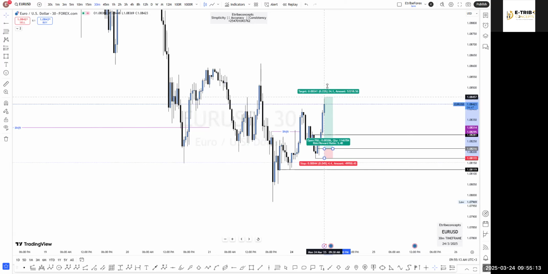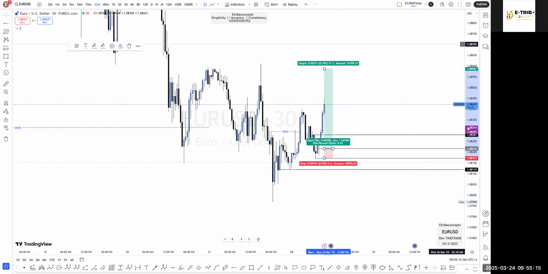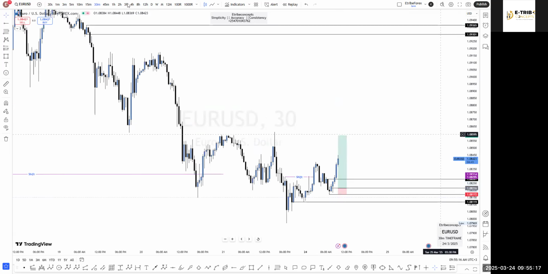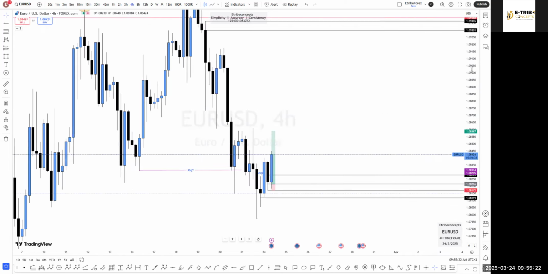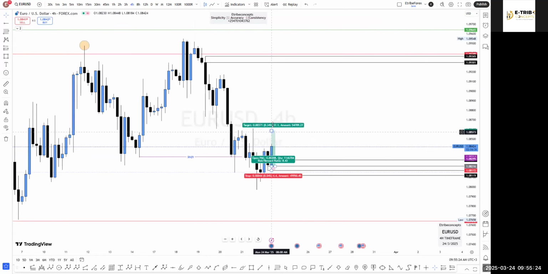Since you're intending to continue having more sales, you can have our first target at this particular point, which will give us a target of around 63 pips, and so on.